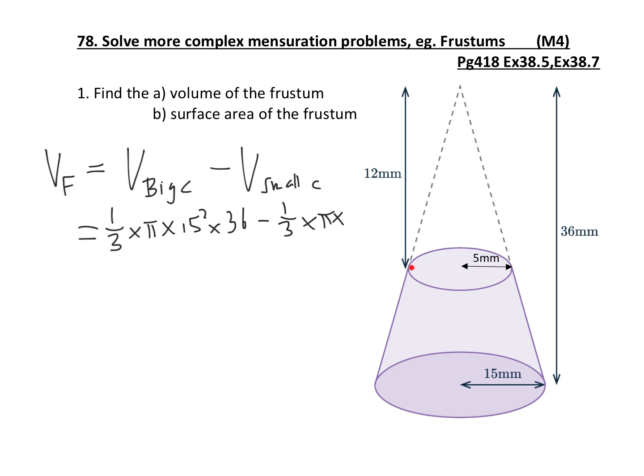If you imagine that smaller cone there, its radius is 5, and its height is 12. That works out to be 2,600 pi, or to 2dp, that is 8,168.14 millimetres cubed.